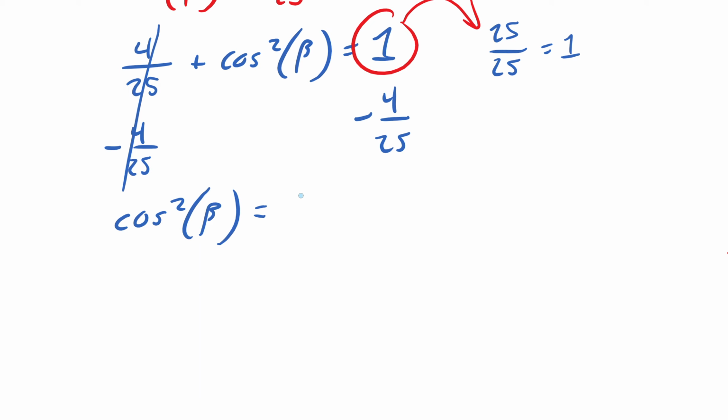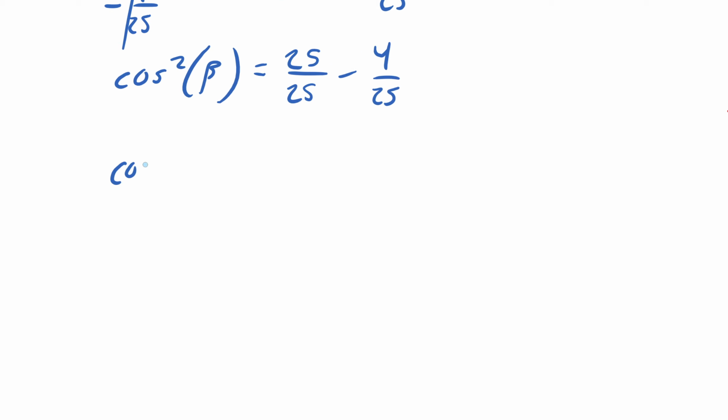So cosine of beta squared is now equal to 25 over 25 minus 4 over 25. And that is equal to 21 over 25.